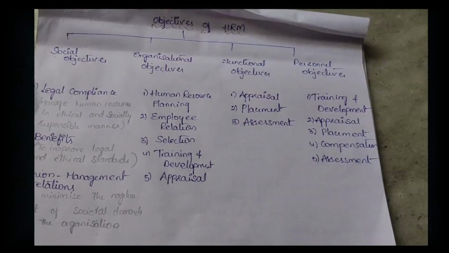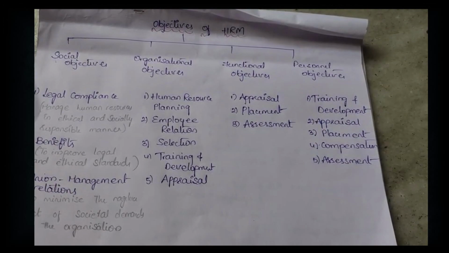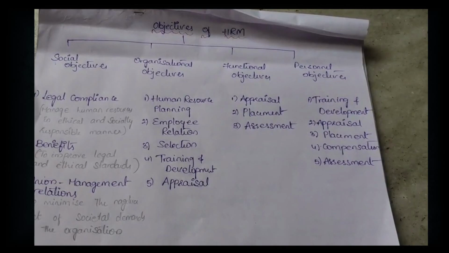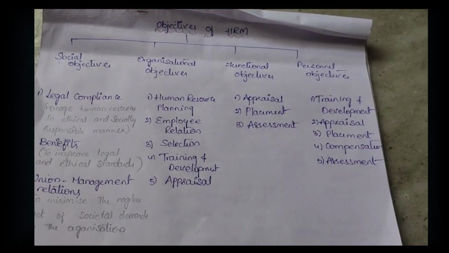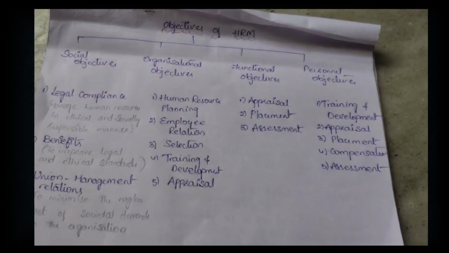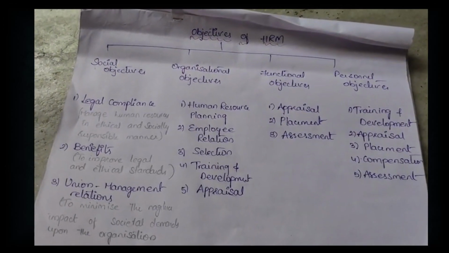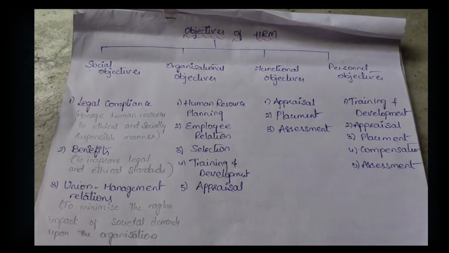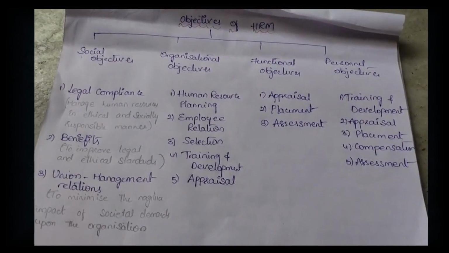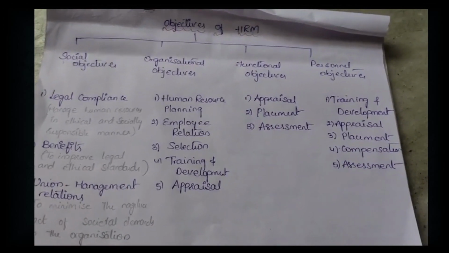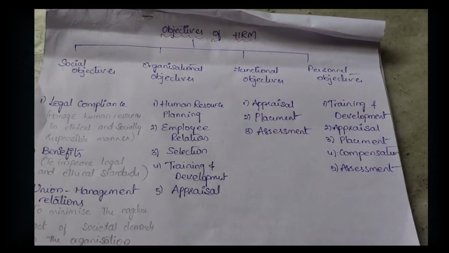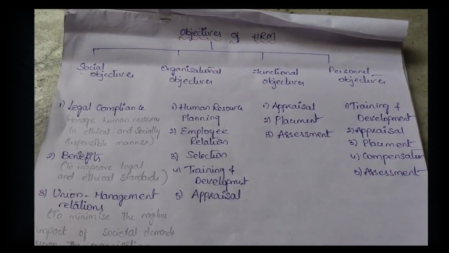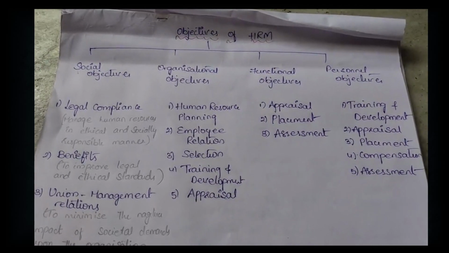Training and development programs will help individual development as well as organizational development. Next, appraisal. If any employee shows his knowledge and skill, and his knowledge is very helpful to the organization, it is a responsibility of the HR department to appraise his talent. So that's it, you can write like this.